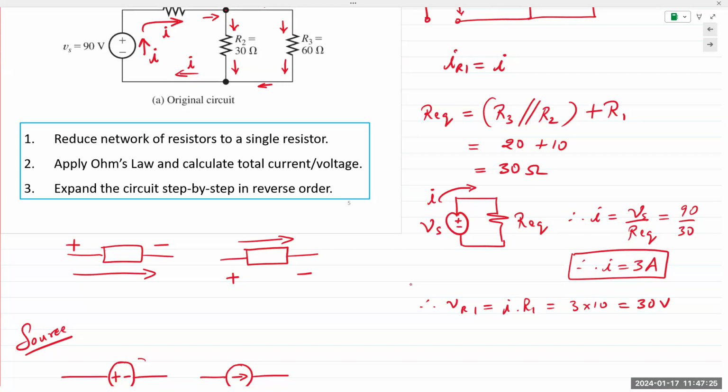Makes sense to everyone? That's the voltage drop across the resistor R1.